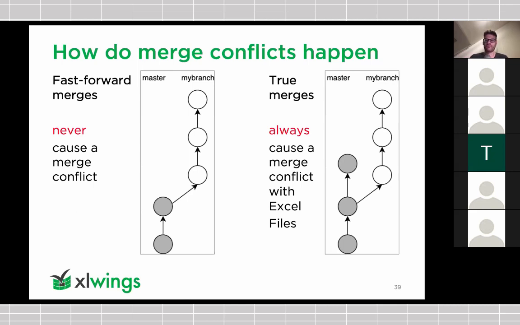And so that's really the situation which will cause issues, because as soon as master has changed from when you were creating your branch, this will always create a merge conflict, unfortunately, when you deal with Excel files. With text files, I would say most of the time Git will know how to merge.